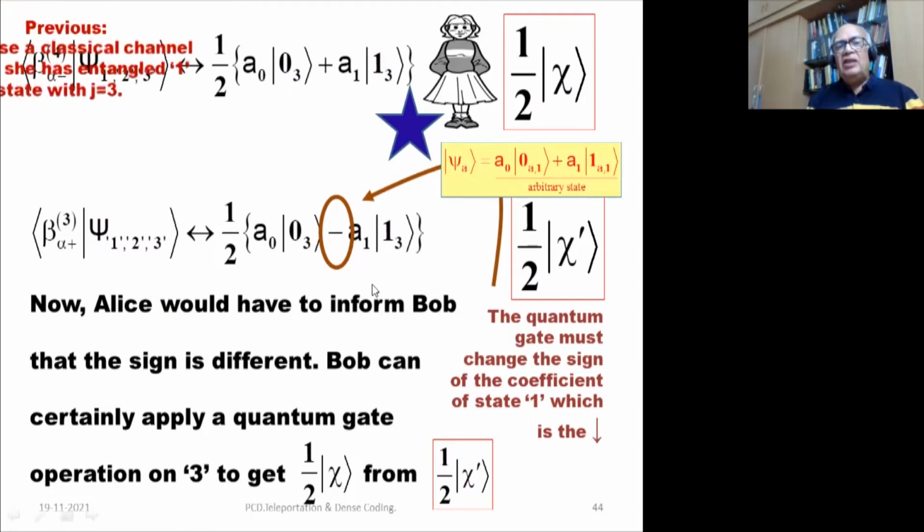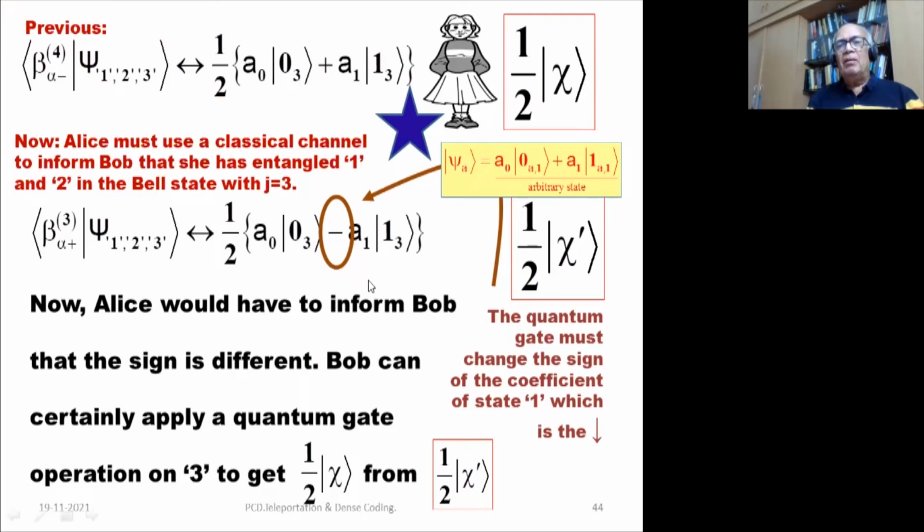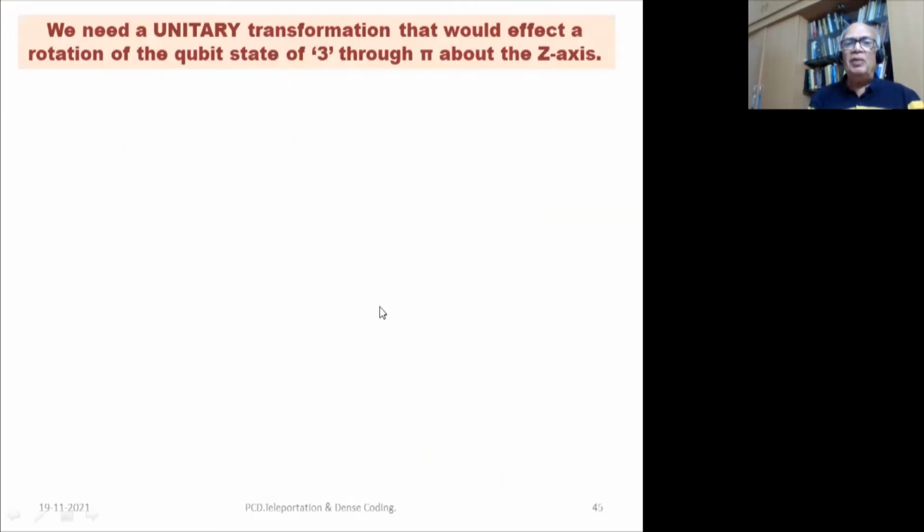Now, having received this information, Bob can now do some experiment with his qubit, which is qubit number 3. And what Bob needs to do is to rotate his qubit about the z-axis through pi, because there is a change of sign, and it is a rotation about the z-axis which is now necessary to find what would be the original qubit 1 which Alice wanted to teleport.